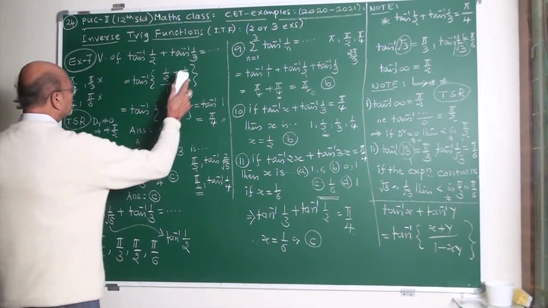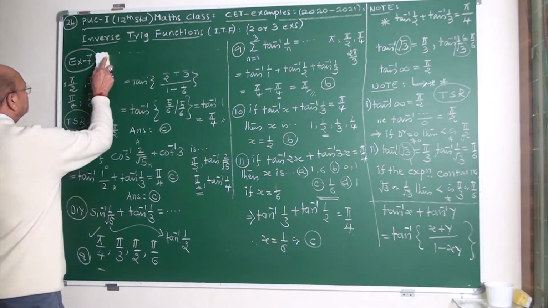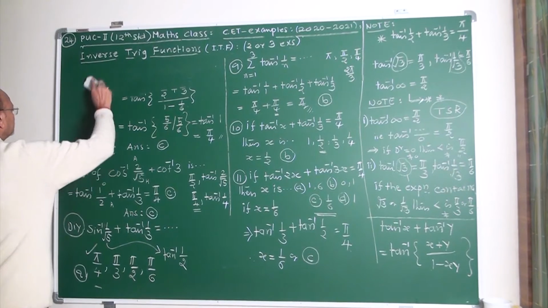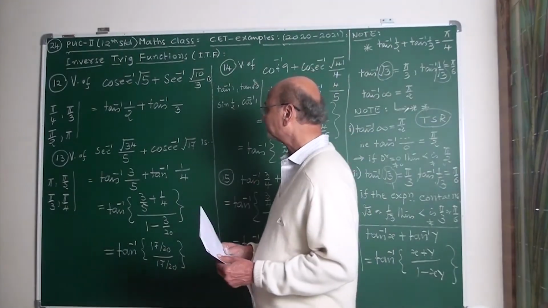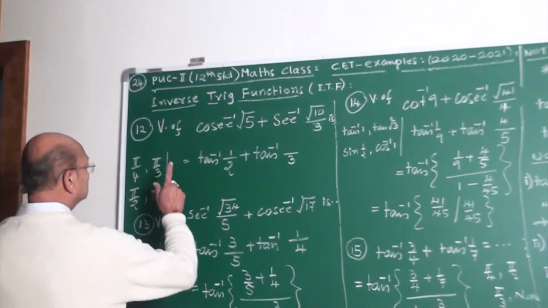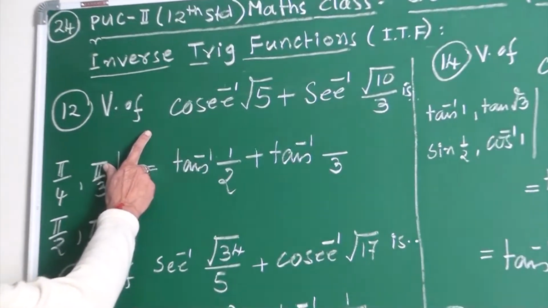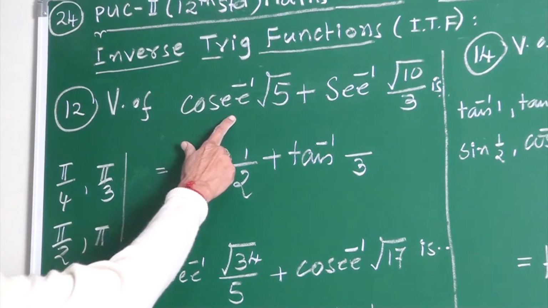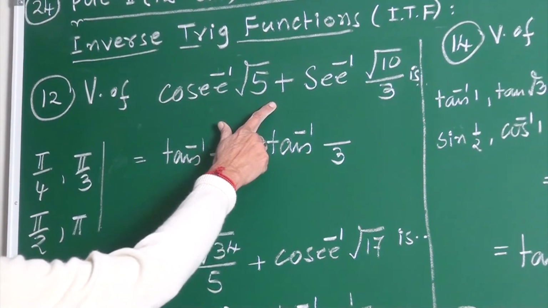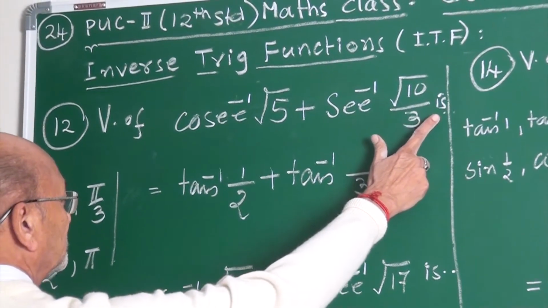Friends, the next example is this. The value of cosec inverse root 5 plus sec inverse root 10 upon 3 is a dash.